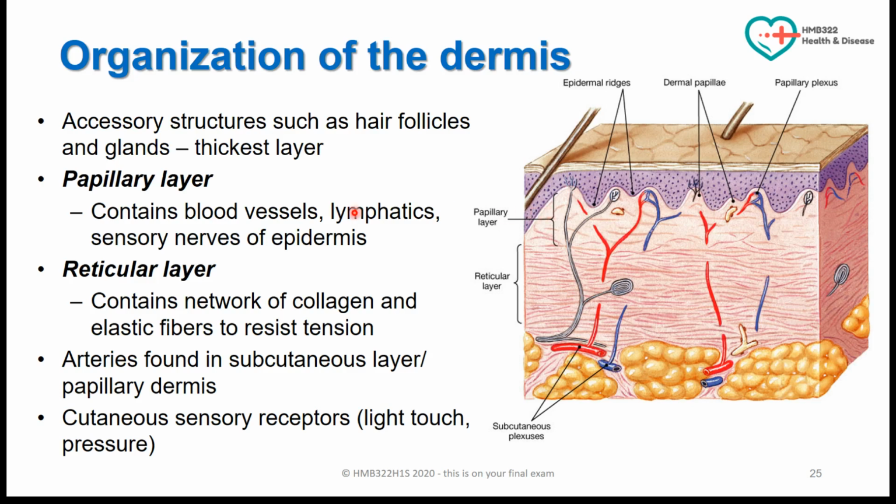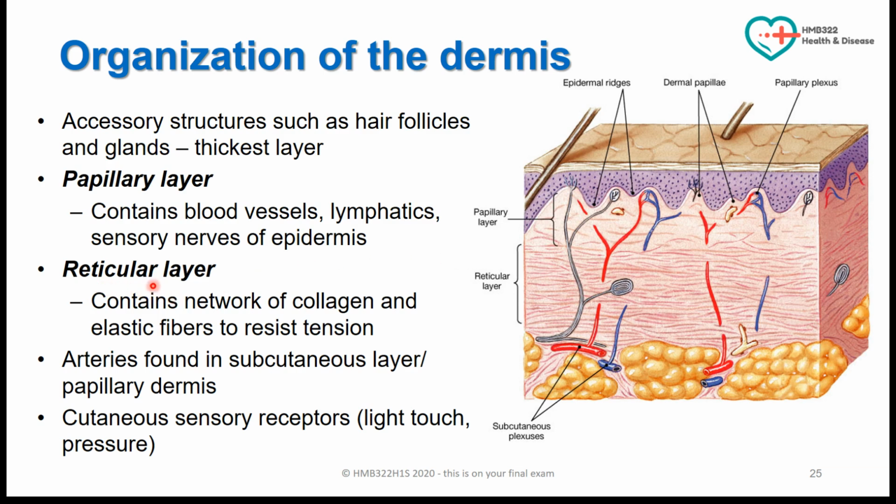The papillary layer is important because we have a lot of different blood vessels that are associated with it. We have lymphatics that are associated with it, so lymphatic vessels. And we also have other sensory nerves of the epidermis working their way up through this layer and embedded just underneath the epidermal layer, which is what you are seeing here.